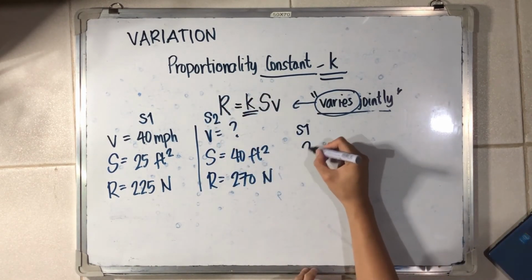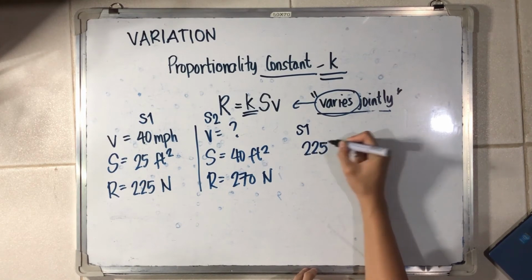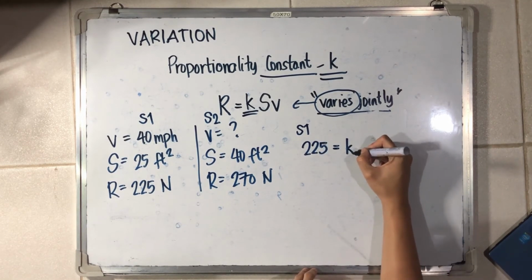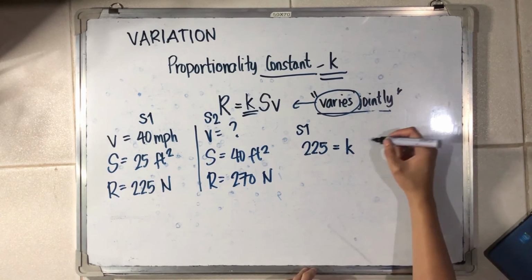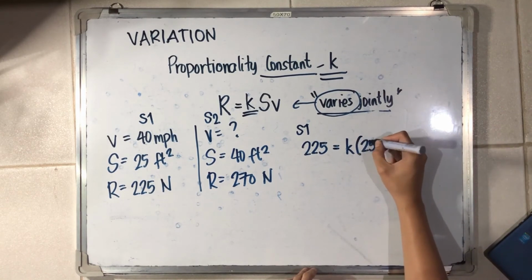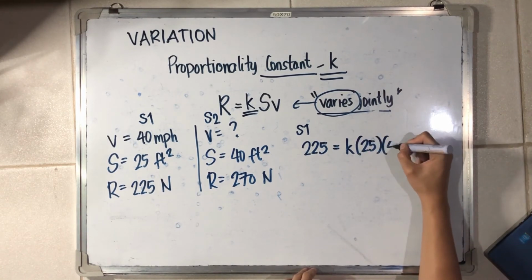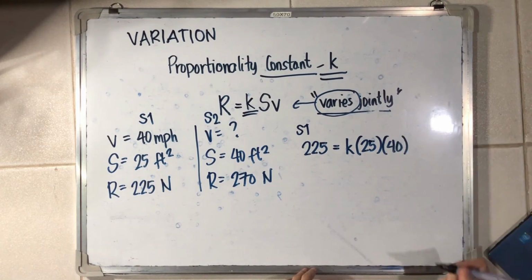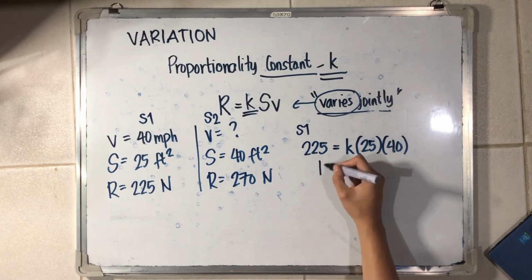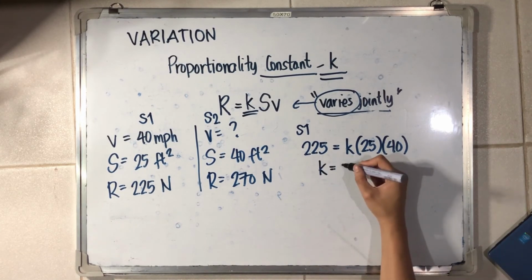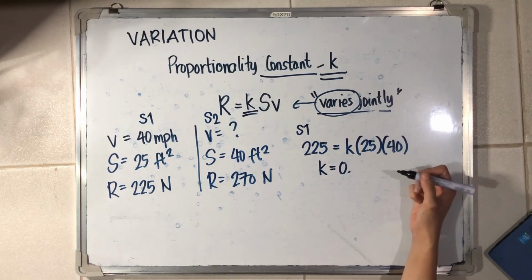Setup 1, R natin is 225 and K natin, sa case nito, unknown pa, 25 ang surface area with a velocity of 40 miles per hour. So, divide natin yan ngayon for us to get our proportionality constant. That's 225 divided by 25 divided by 40. Your K value here would be 0.225.